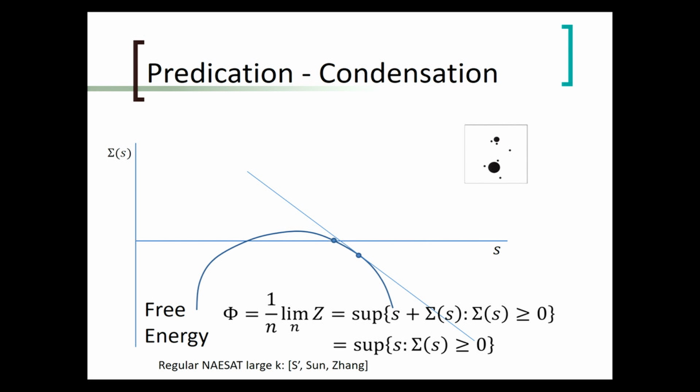The most complicated phase is the condensation regime, where the physics predictions give you a prediction of the free energy, the number of solutions in your typical CSP, and we only know this in the case of the regular NAE-SAT model.